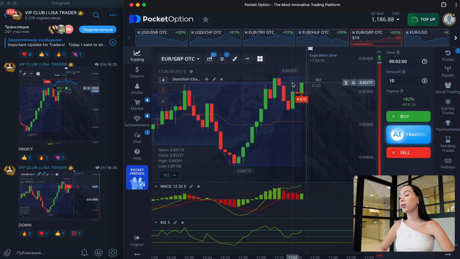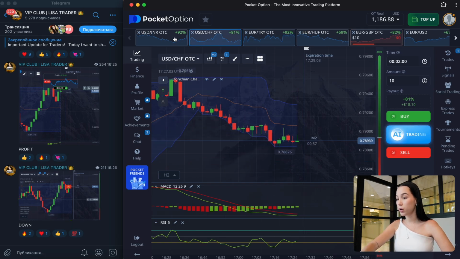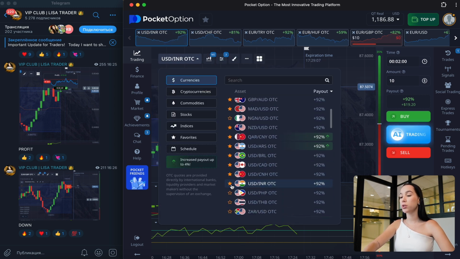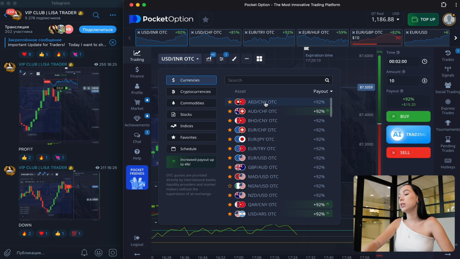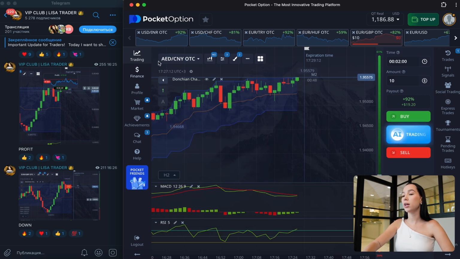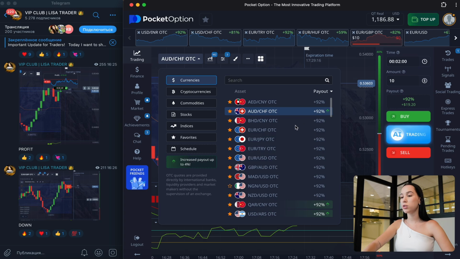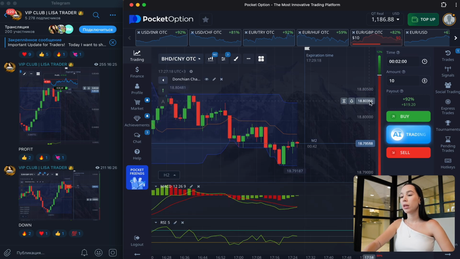Now we can see some green candle happening there again, so maybe it's a good idea to find something else also. It's not bad actually to change the currency pair during the trading session, because if you see that this currency pair is not working that good for you, well, it's better to change it than to just stick to one currency pair. It will not give you anything.